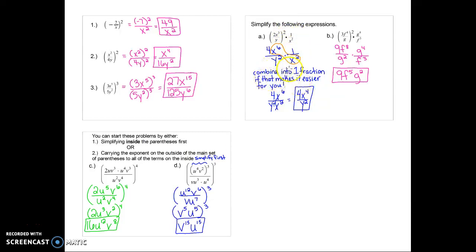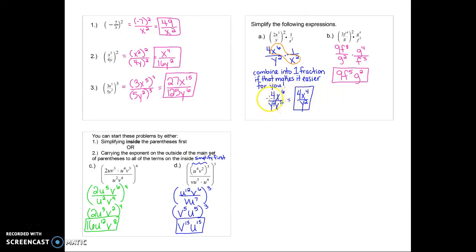So we're going to combine this into one single fraction. Remember, when you're multiplying fractions, you really just multiply straight across. So 4x to the 6th times 1 just stays a 4x to the 6th. Then y squared times x squared, can't actually multiply them together, so they're just going to get written next to each other. Now we can use our quotient rules.